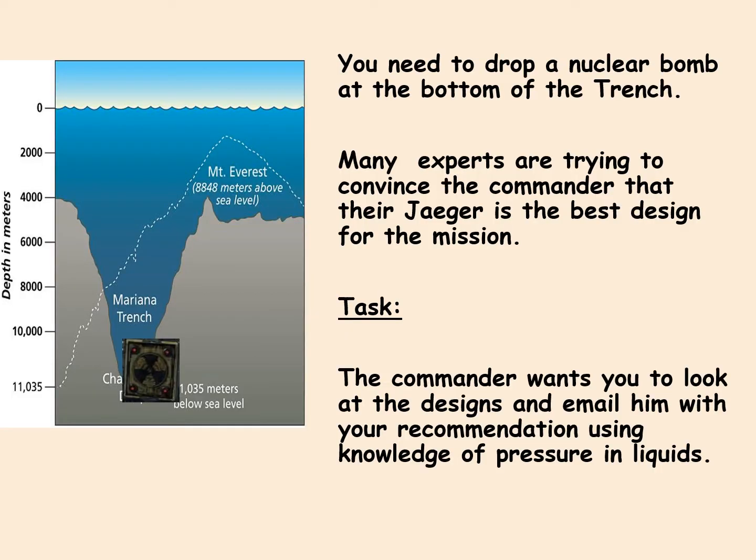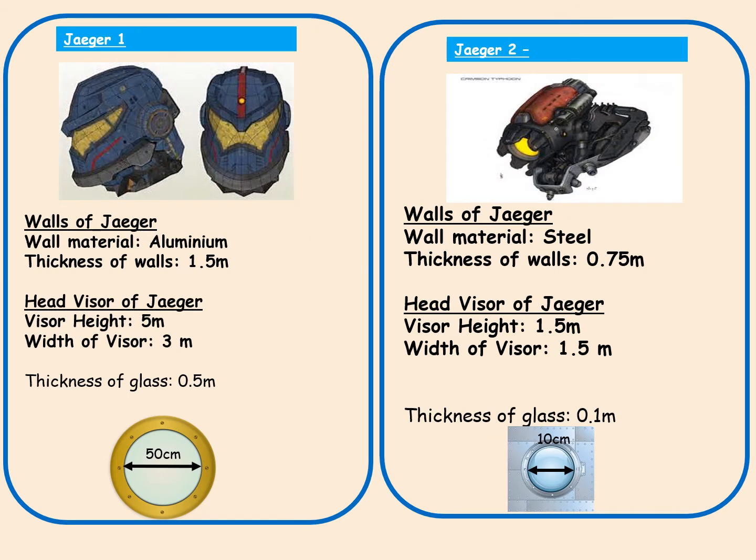So experts are trying to convince the commander that their Jaeger is the best design for the mission. The commander wants you to look at the designs and email him with your recommendation using knowledge of pressure in liquids. We've got two here, with different raw materials, so think about the properties of aluminium versus steel. Different thicknesses, 1.5 meters to 0.75, and the head visor.